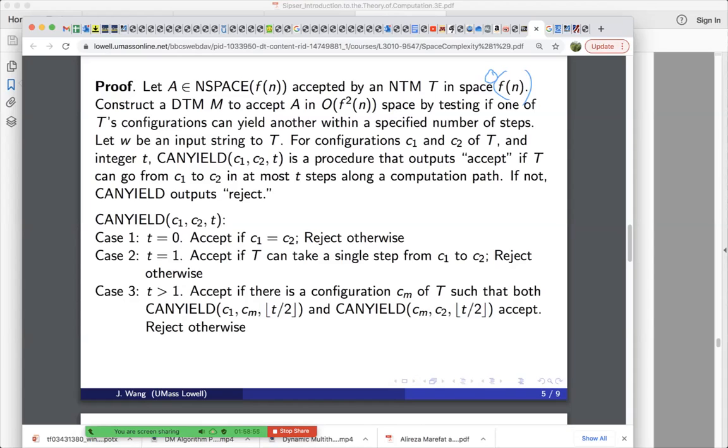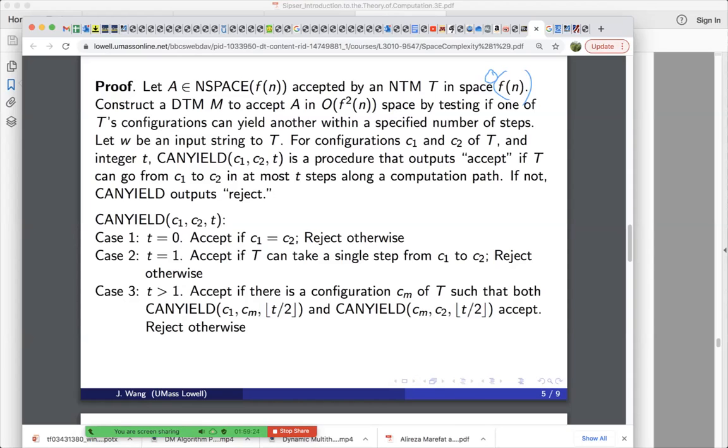Now this is a procedure, a program that accepts, which means it returns true, if this Turing machine T can go from C1 to C2 in at most t steps along a computation path. If not, CANYIELD outputs reject.